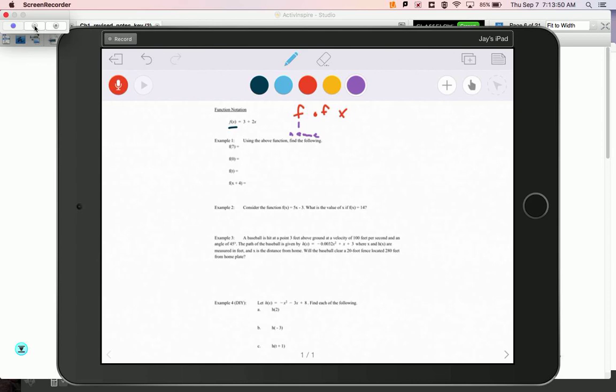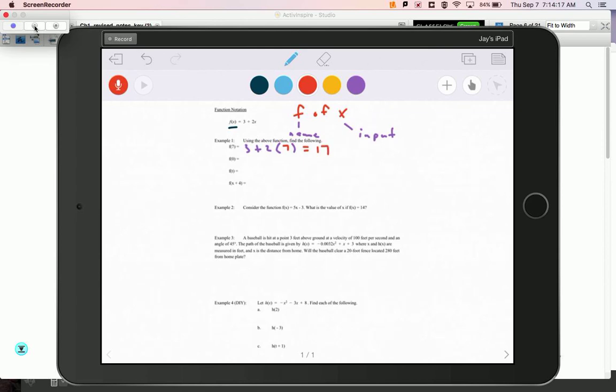It could be h for height, c for cost, and then the x is telling you what the input variable is. So on this first example, it is 3 plus 2x, and instead of x now, we're going to place a 7 inside there. So 2 times 7 is 14, plus 3 is 17.